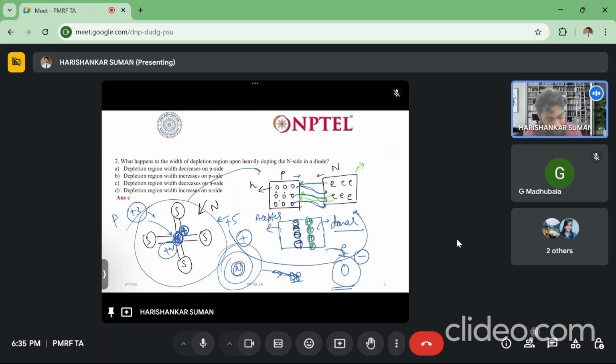This charge is on the atom and cannot move. These are immobile charges. They cannot move and are attached to the atom. They are not free charge carriers.